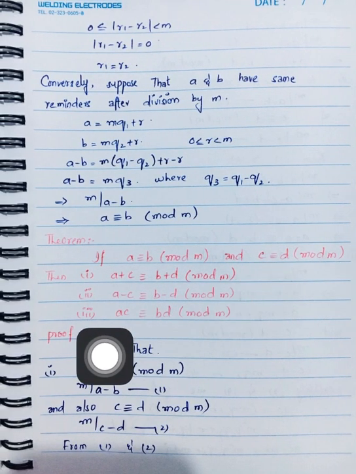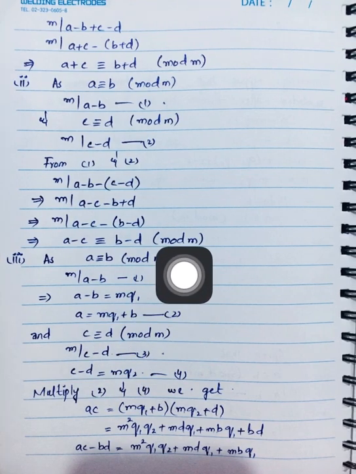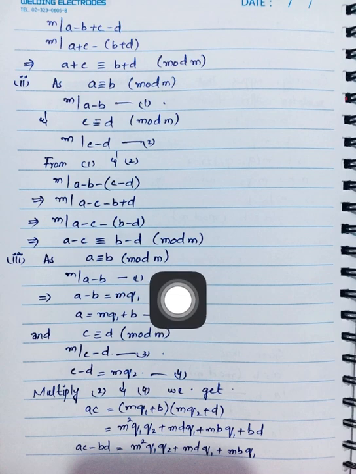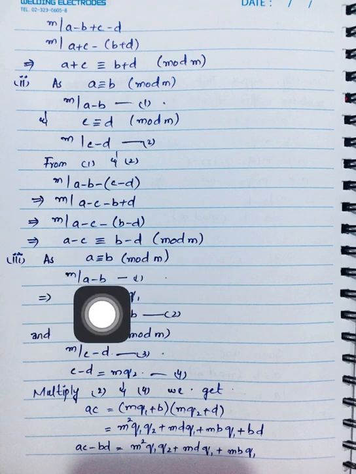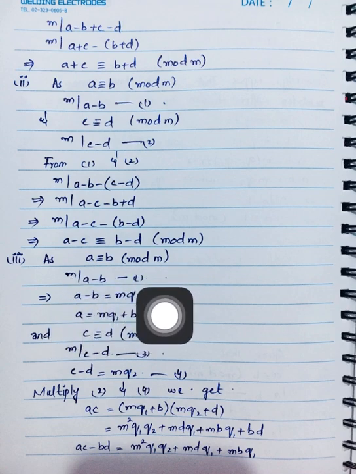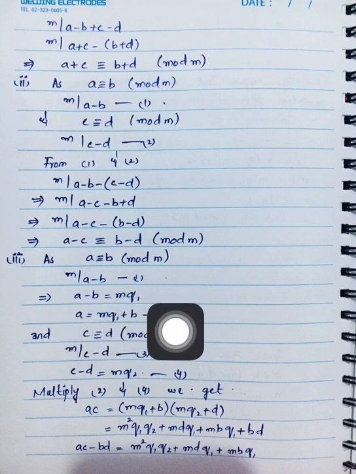Now the last result is AC is congruent to BD modulo M. So again, I'm going to follow those steps. If A is congruent to B modulo M, then M divides A minus B. This is equation 1. And by the definition of divisibility, I can write A minus B equals MQ1.